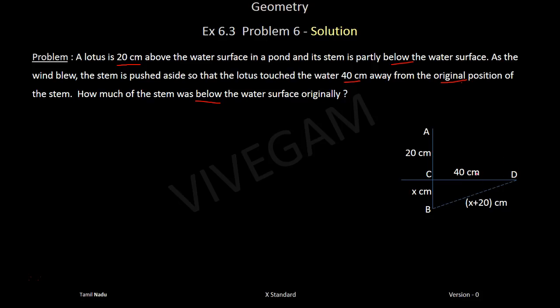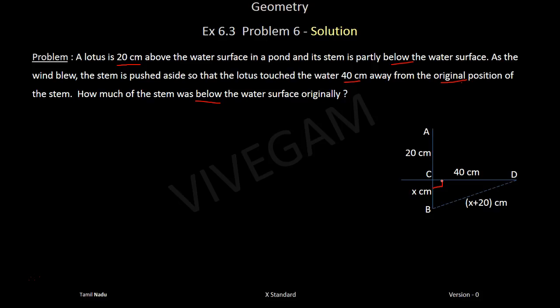This is now the new lotus position, right? AB actually got rotated and it now becomes BD, which means the length of AB equals the length of BD. AB is x plus 20, so BD is also x plus 20. Now if you look at triangle BCD, this is a right triangle, because the stem is always vertical.